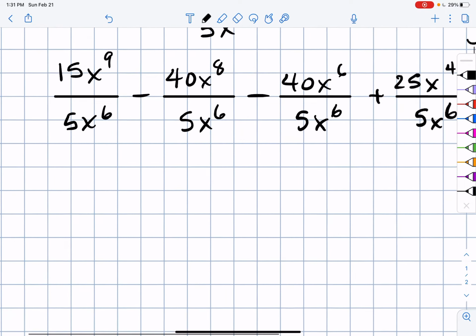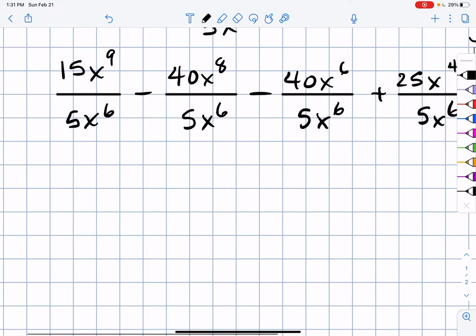So this first one is going to become a 3x to the 3rd, right? So 15 divided by 5 is a 3. And then, like I said, there's 9 x's on top, 6 x's on the bottom. And we reduce, 6 of them would go away, leaving you 3 left on top.